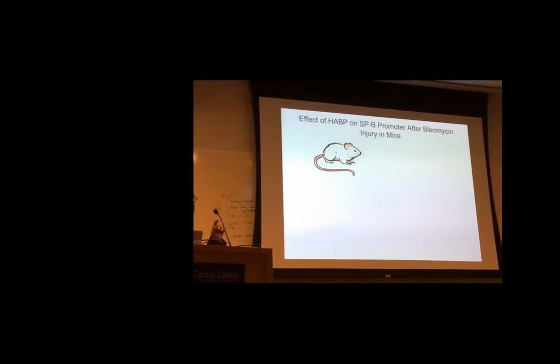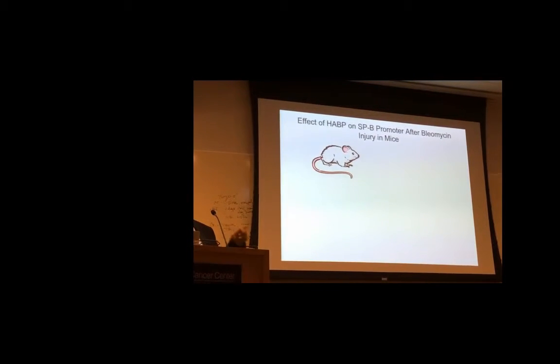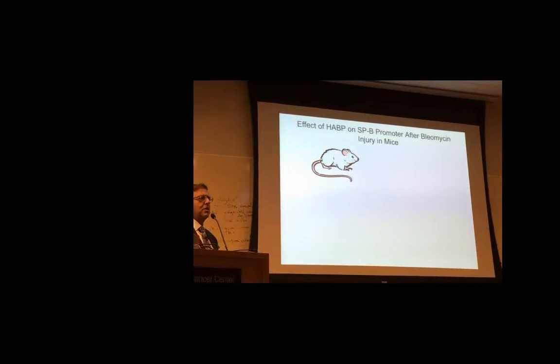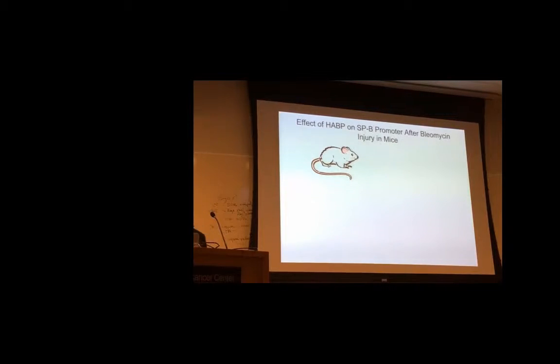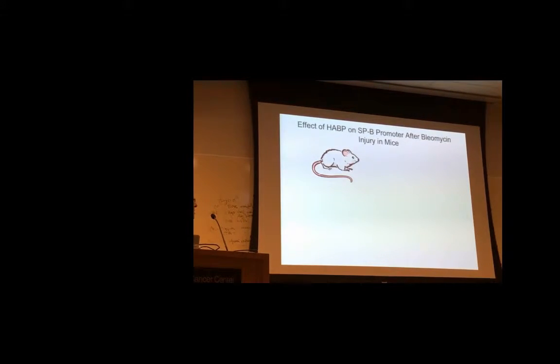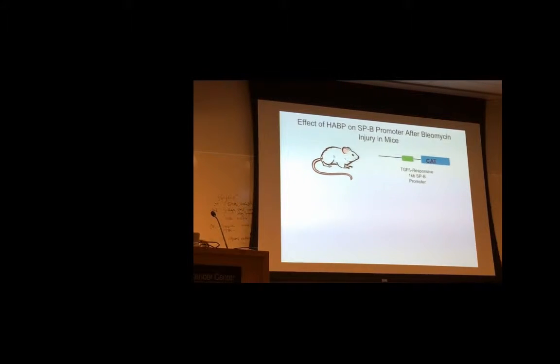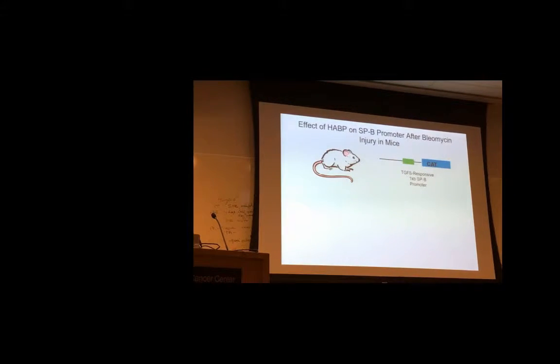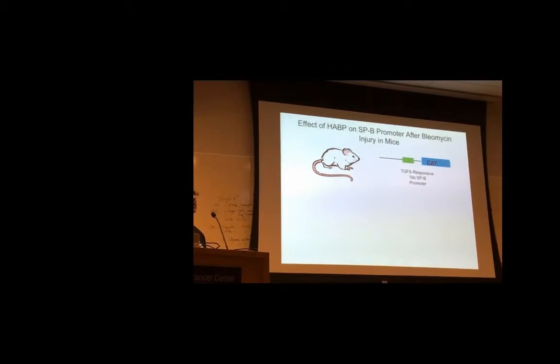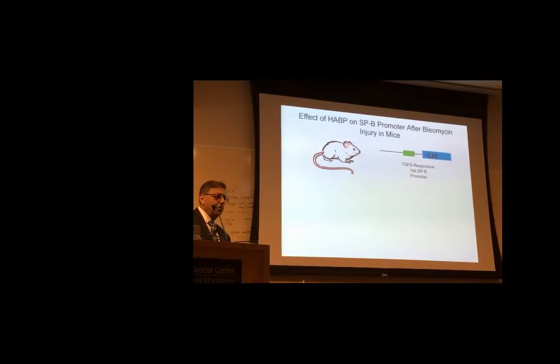So since TGF-beta does transcriptionally regulate surfactant protein B expression, we had mice that were expressing a TGF-beta responsive 1 kilobase promoter fragment that had previously been shown to be responsive to transcriptional regulation through a transcription factor called TTF1 or NKX 2.1.